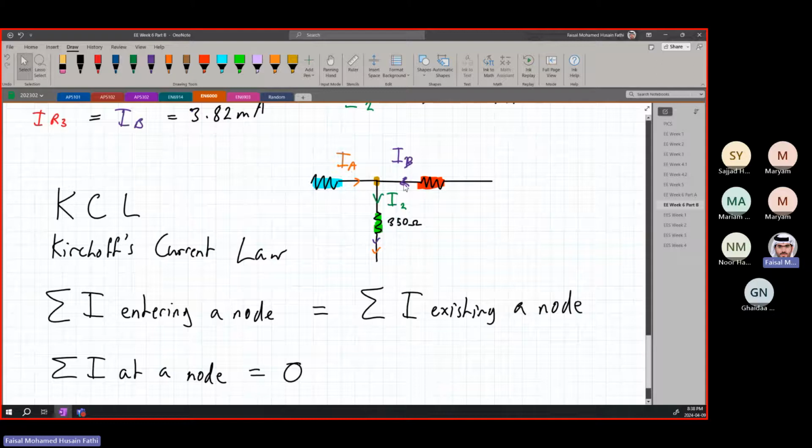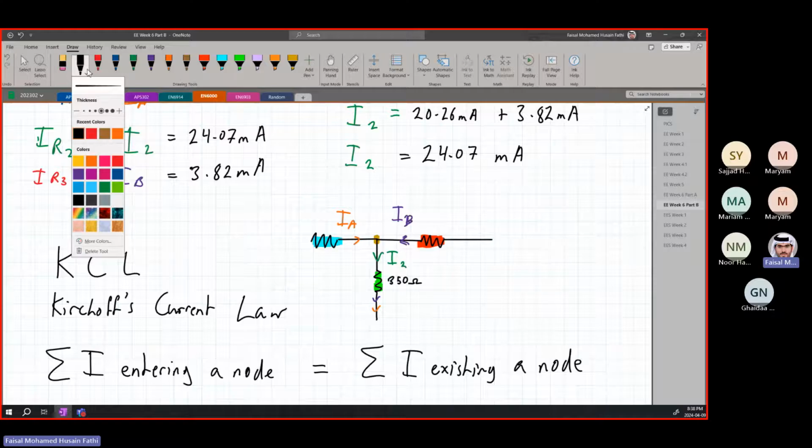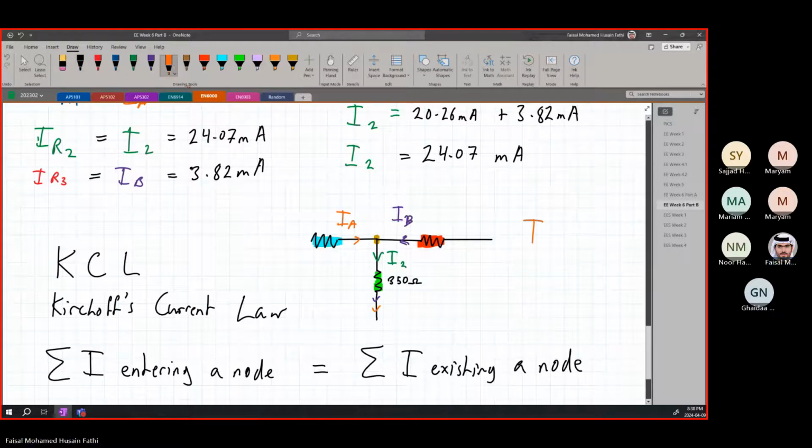So IA, I2, and IB. All right. If we take the direction going into the node as positive, and the direction going outside of the node as negative. So IA will be positive. IB is positive.